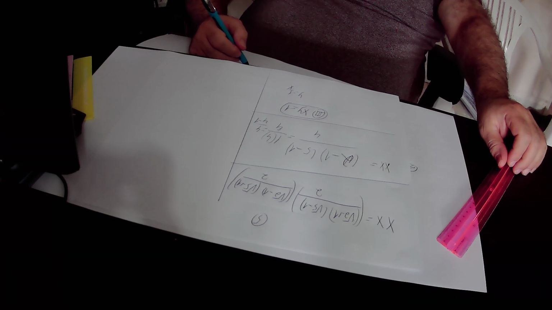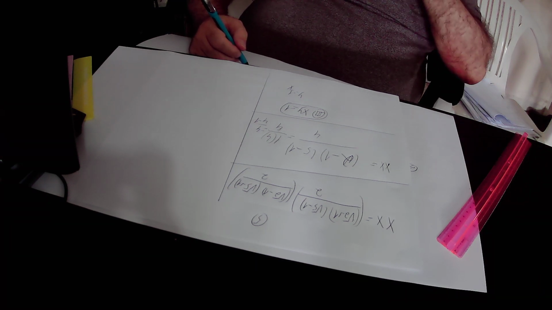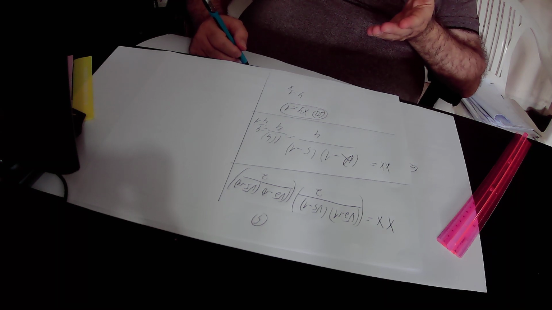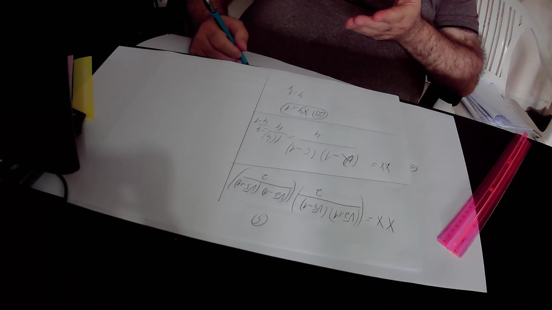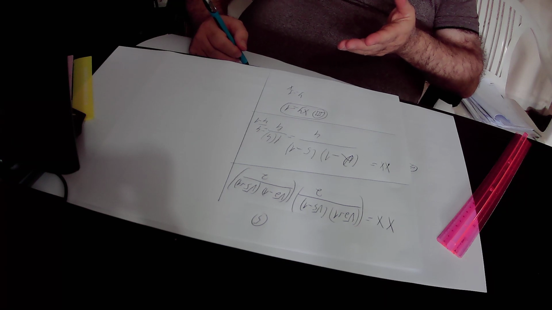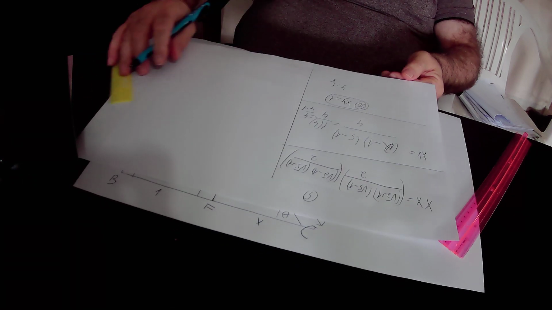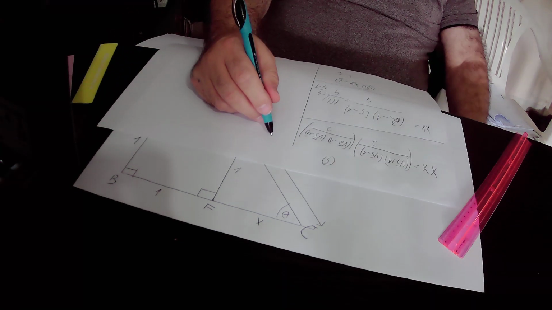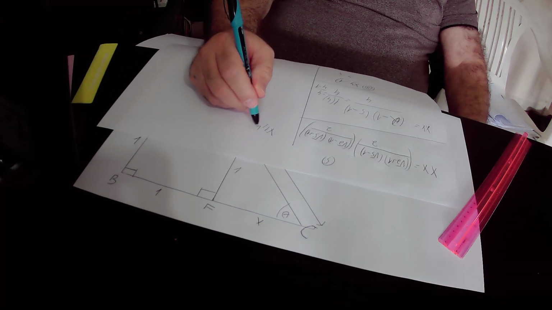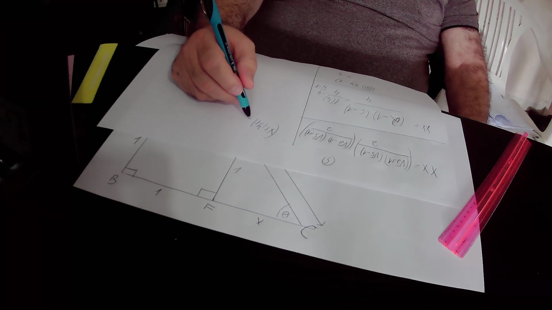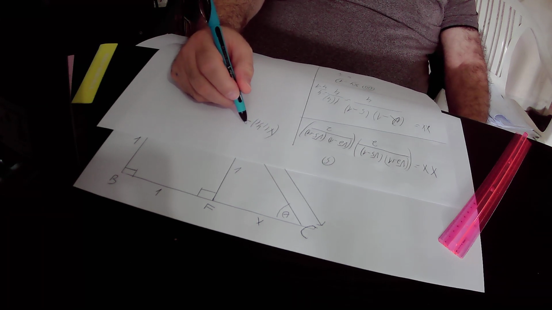And we know that when we multiply x by y, we get 1. So the first solution will be x1, y1, and we know that x1 times y1 must be equal to 1.